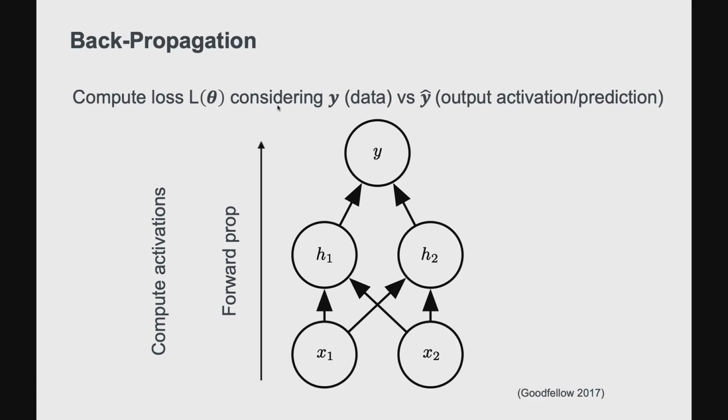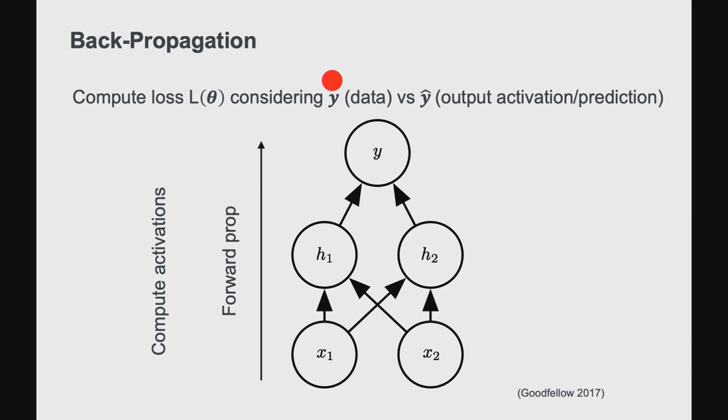Now, when you have computed a particular y, you compute your loss. There is one y which is in your data, and there is now this y hat that you computed, where you predicted a value.